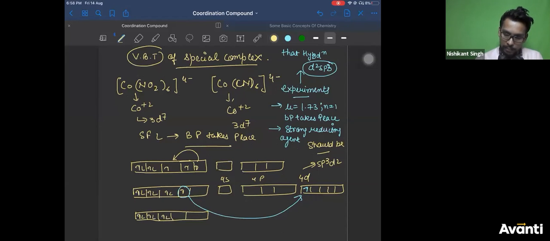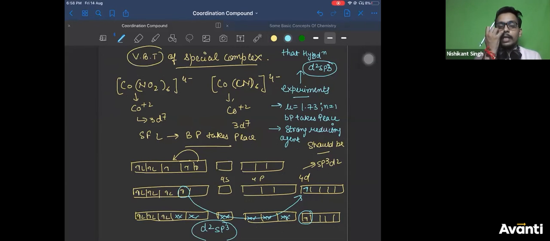You'll get 2 d orbitals empty, and 4d has one excited unpaired electron. So now your hybridization will become d2sp3. Hari Prakash, I think this was the example you had asked me that day.